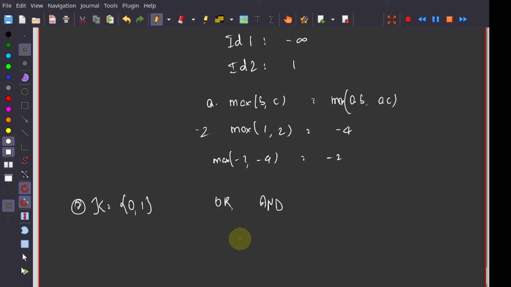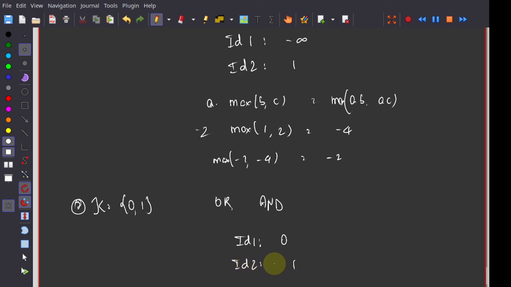Identity 1, what is the first identity? The second identity is 1.